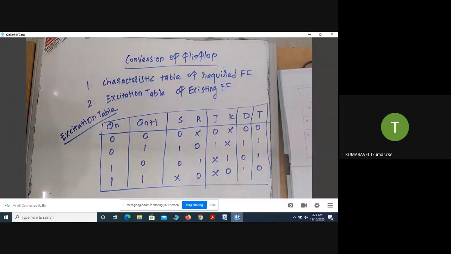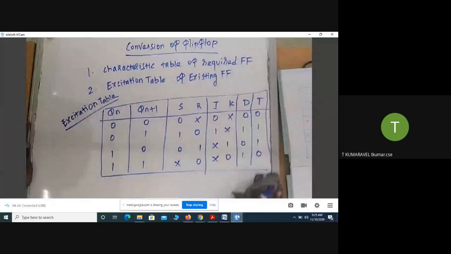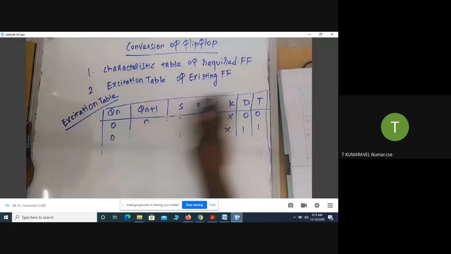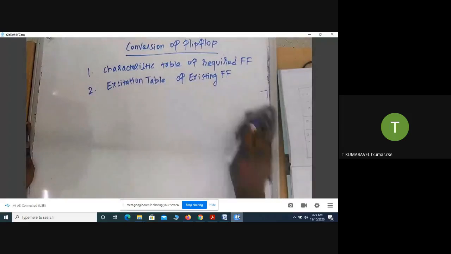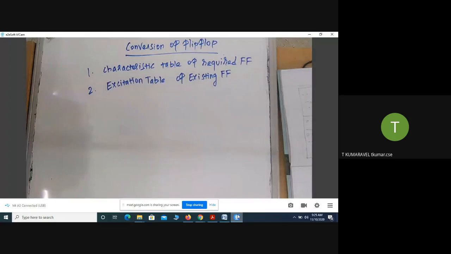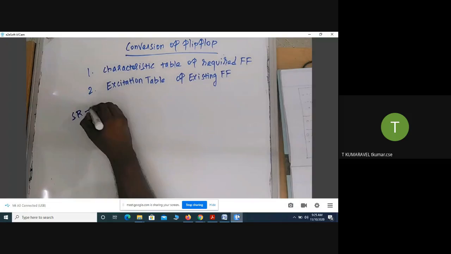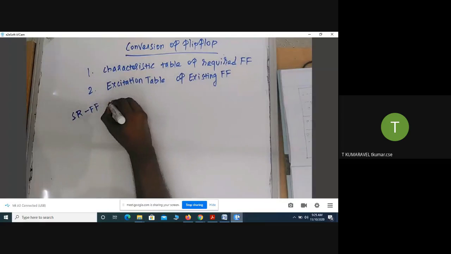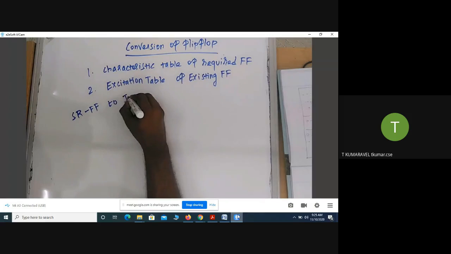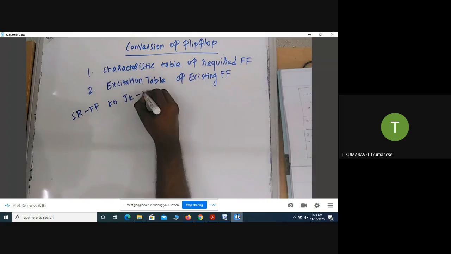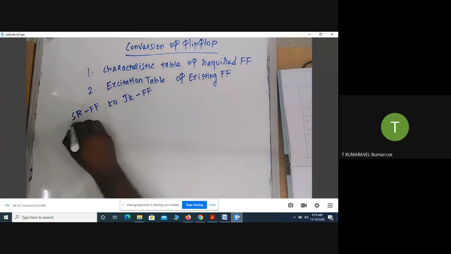Now I am going to perform conversion. For example, I have one flip-flop, called an SR flip-flop. I want to convert it into a JK flip-flop. How do you do that?